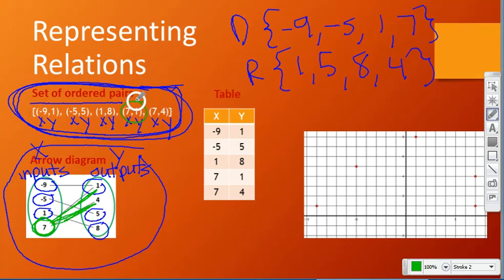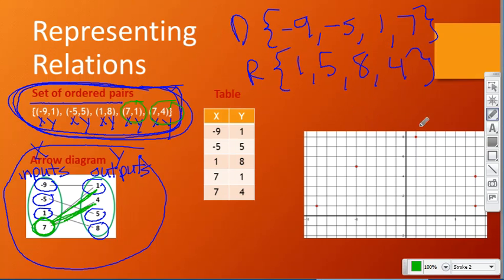We can see that when it's listed as a set of ordered pairs too, that the number 7 is paired with more than one y value. So an arrow diagram gives us another way of representing a relation.